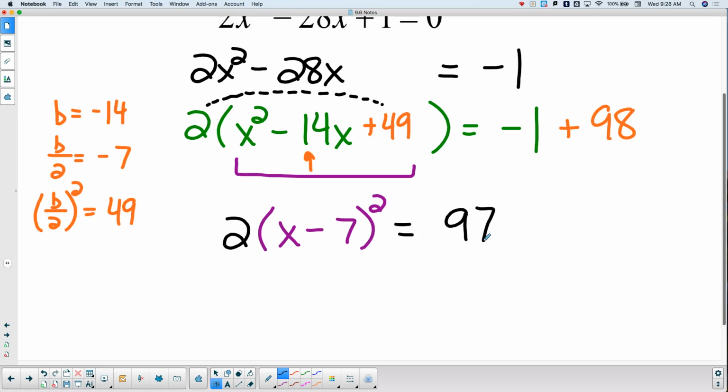What would I do next? Not yet. Got to do one thing first before we can square root both sides.